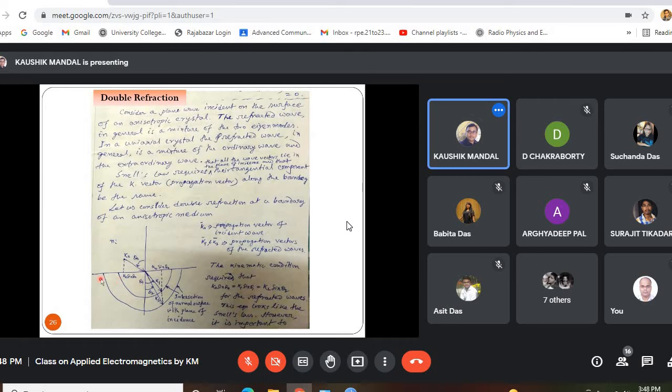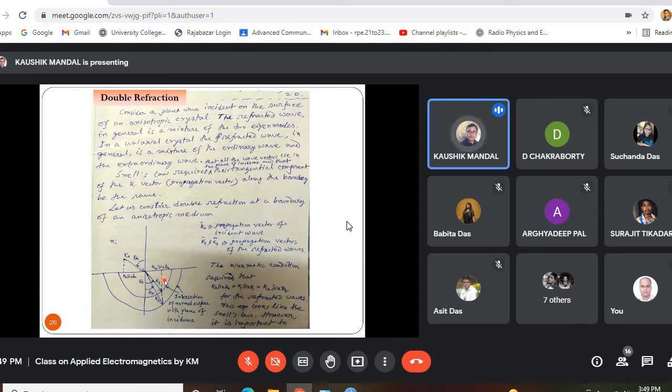The lower half represents the anisotropic media, and the upper half represents the isotropic media, where the refractive index is Ni. In the anisotropic media we are considering two concentric surfaces with two different K values.